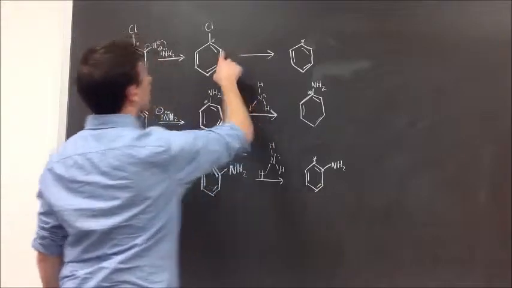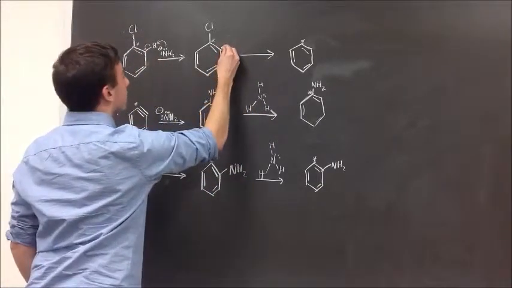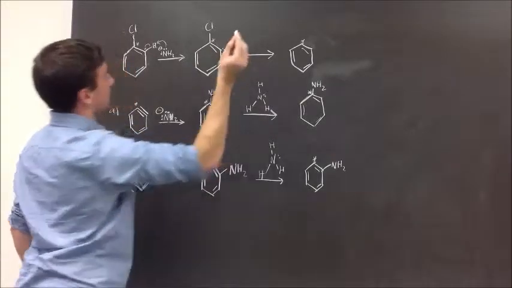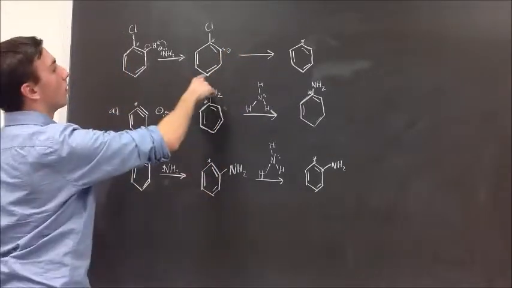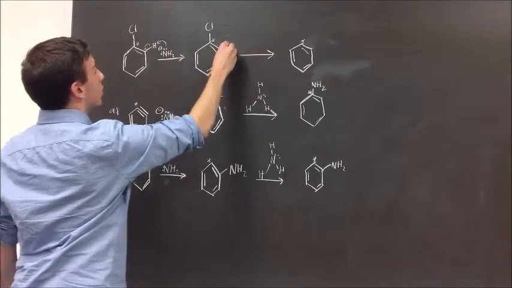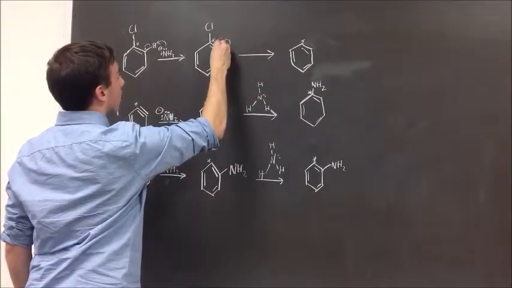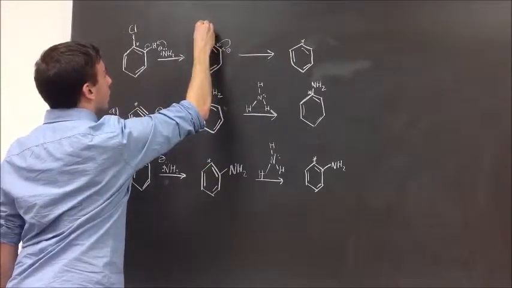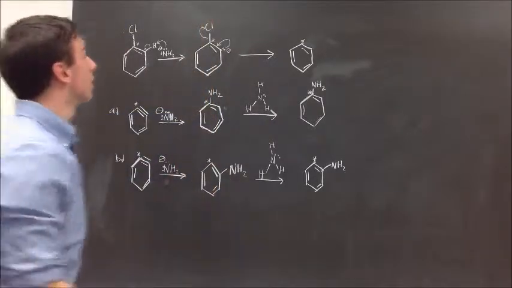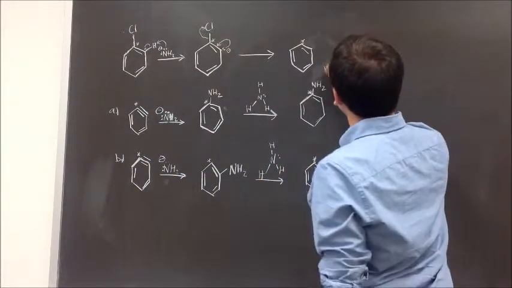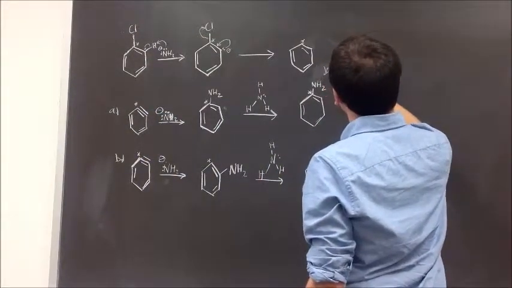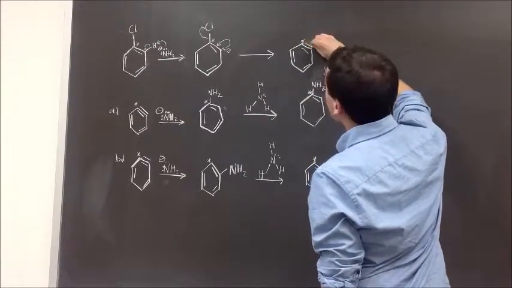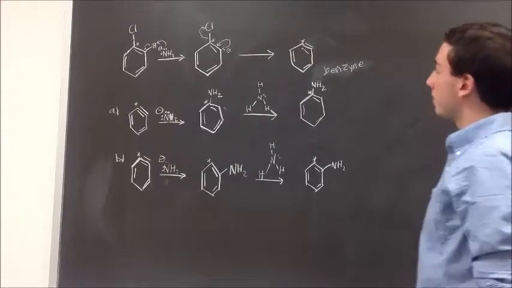From there, you're going to have electrons there, and to get to the final product, you move these electrons up to make a triple bond, and then this chlorine will leave in the process. So the final product is called benzyne. It'll be a triple bond here, like that.